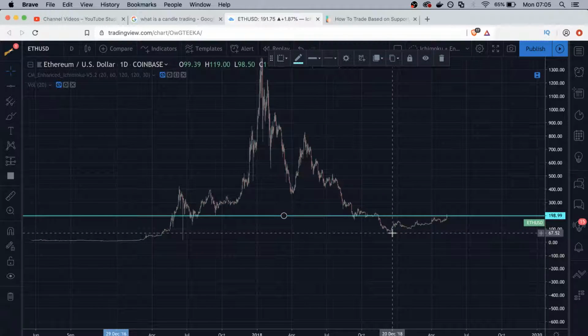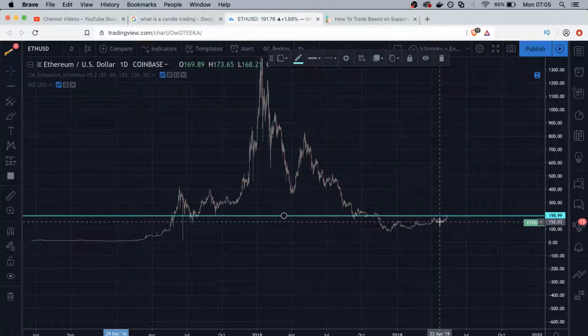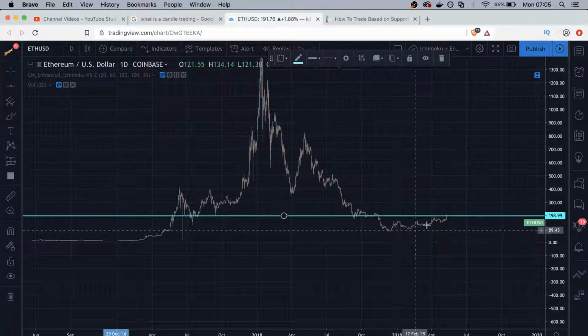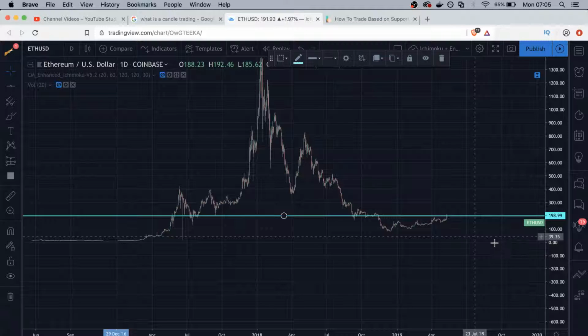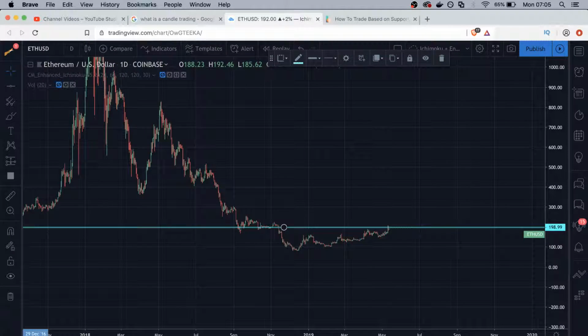However, it broke down and we've been growing slightly up, going with higher highs and higher lows, and we're now currently at this very strong resistance, which was previously a support level.